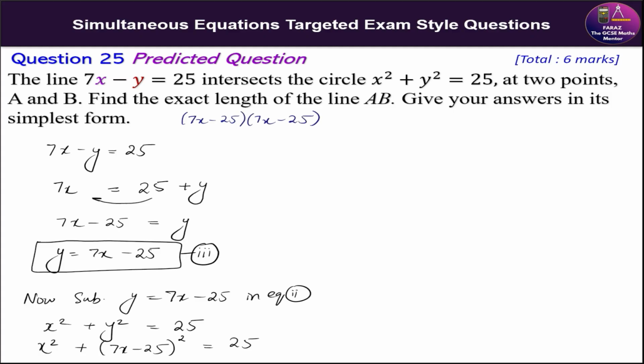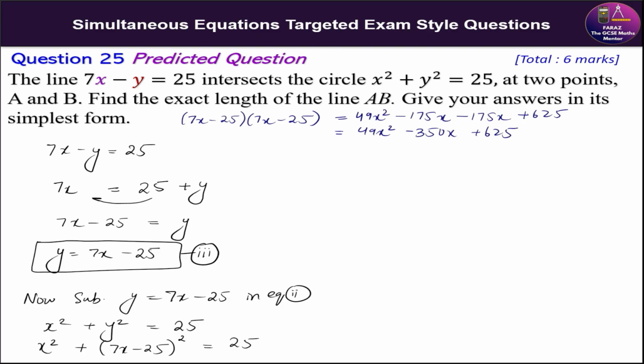If we expand this, it will give you 49x square, 7x into negative 25, so that would be negative 175x. And then minus 25 into 7x, again negative 175x, minus 25 into minus 25 is plus 625. Therefore 49x square minus 350x plus 625.